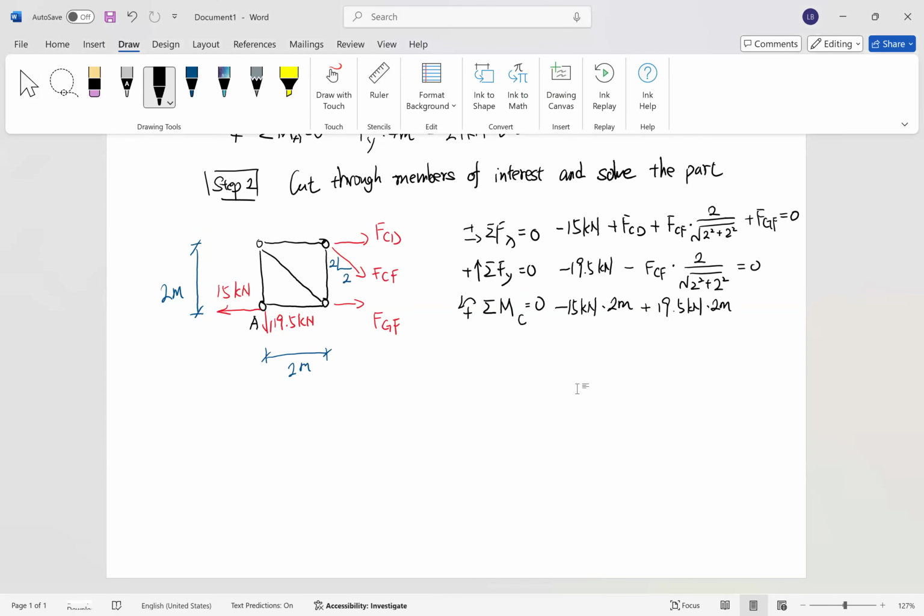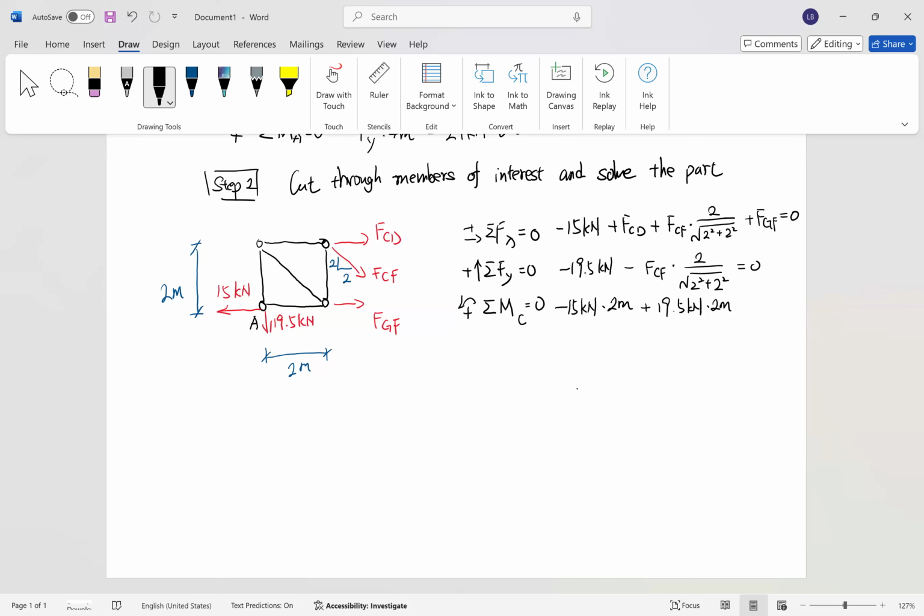And what else? You may think about whether FCD or FCF would contribute to the summation of the moment at C. The answer is no, because their lines of action all cross C, so there's no distance from point C to their lines of action.